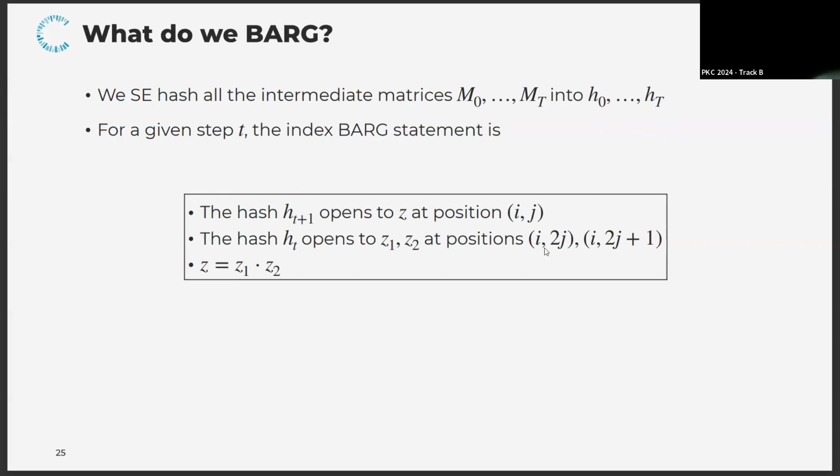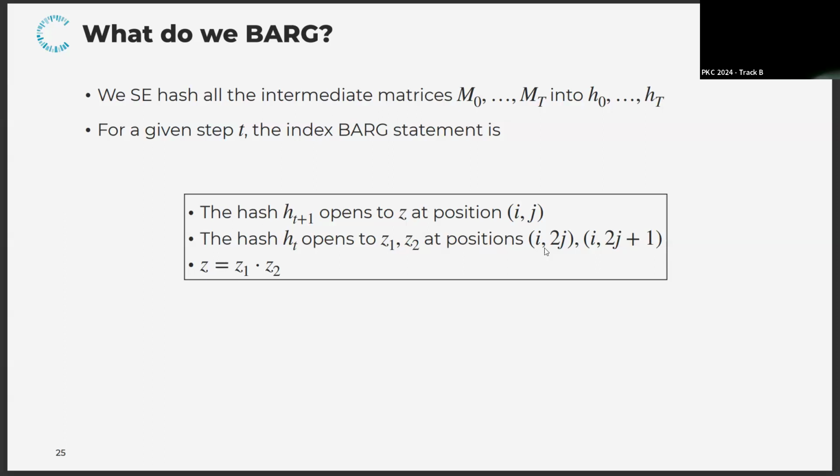So we hash all the intermediate matrices into many hashes, and each of these hashes is extractable at just a constant number of positions, so it will be for lambda.